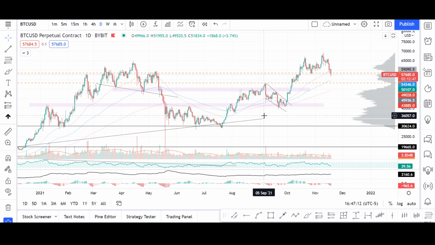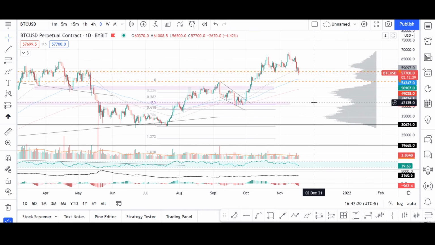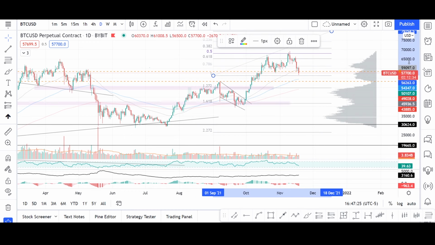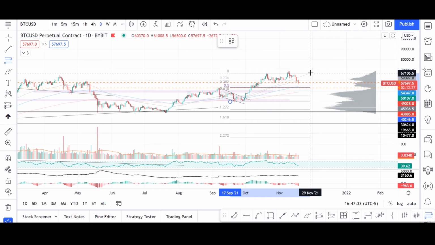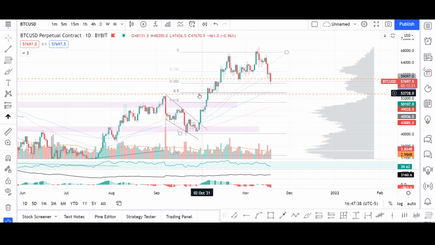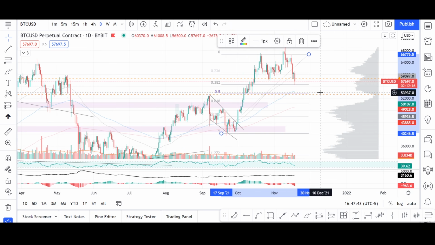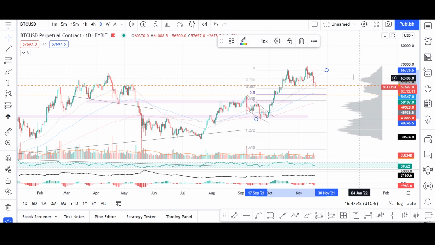Sorry, it's not this one. On Fibonacci retracements, previously we have just got to the 0.5 level, and right now this 0.5 level is getting us to the previously mentioned area of 53.7.